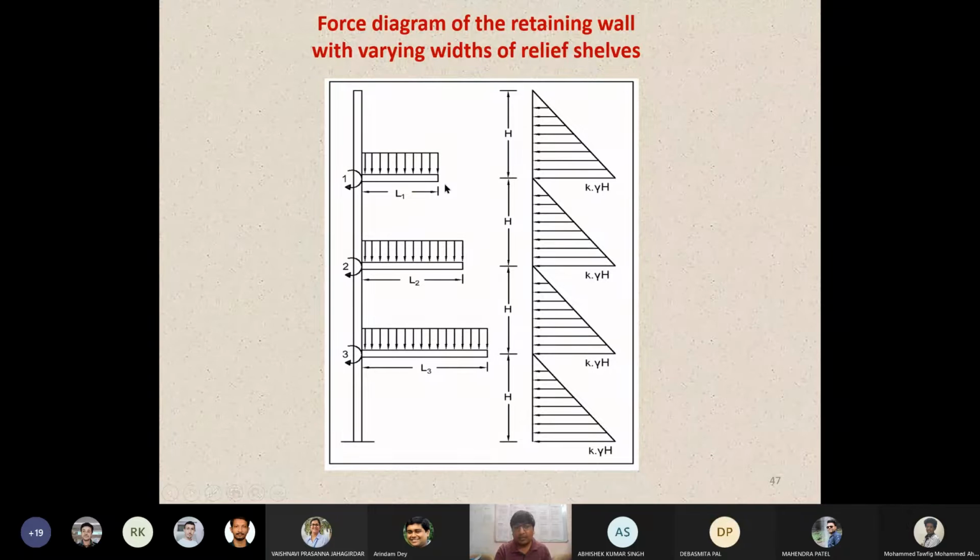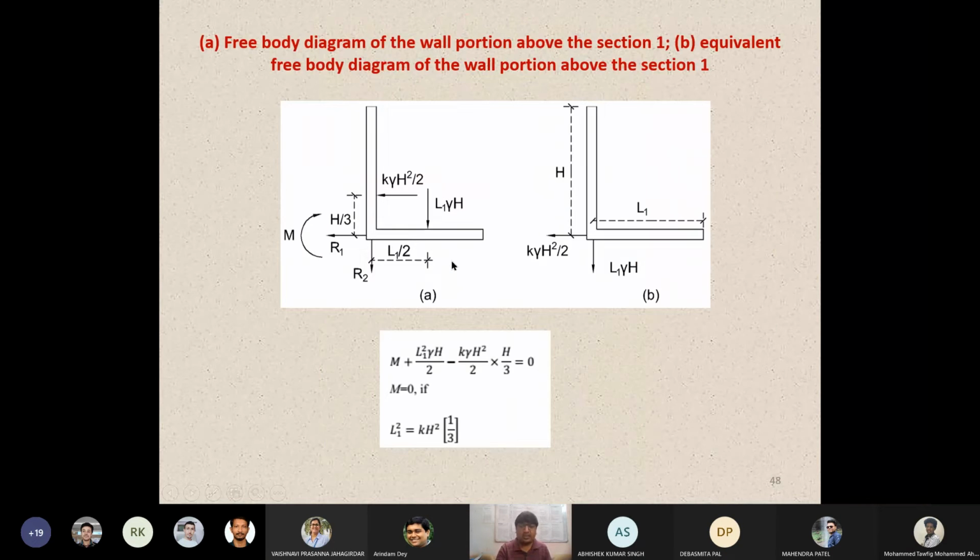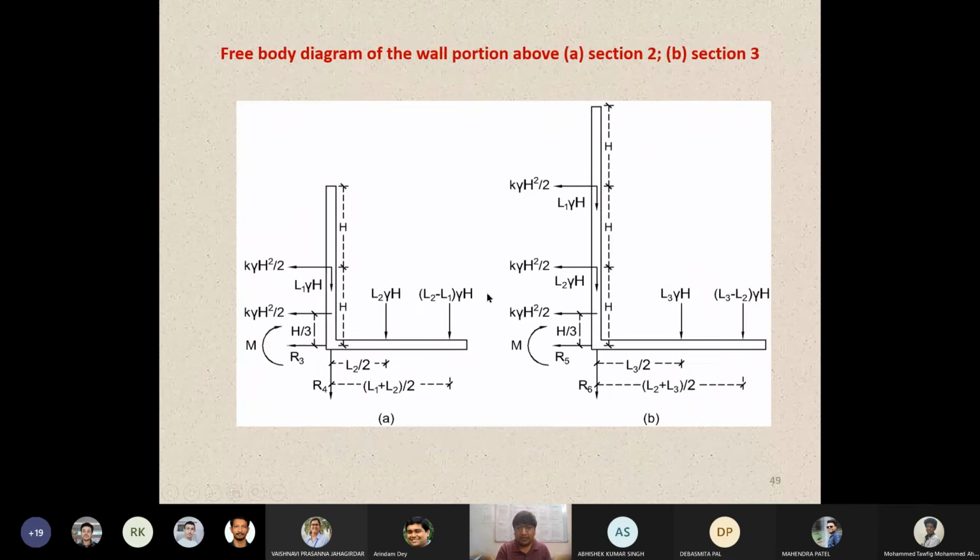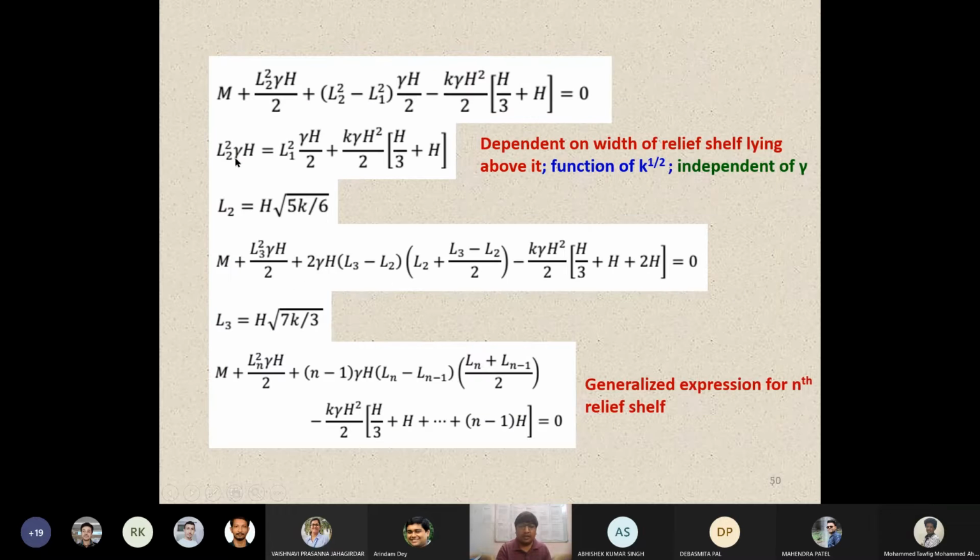The weight of this soil column will also be supported by this relief shell, which is why this additional load is there. If you introduce it into the expression, it is interesting to know that the critical width of the second relief shell always depends upon the width of the first relief shell.